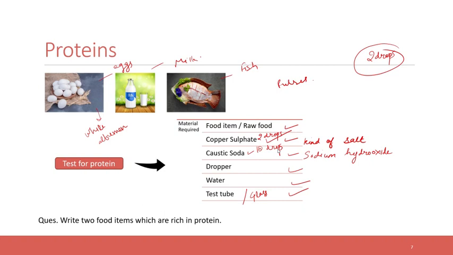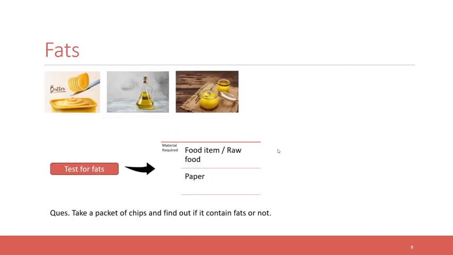Got it? Now what you have to do is write two food items which are rich in protein, and you can even do a test for it, and then you may be sure about that. Got it? Let's move to our last test, which is the test for fats. This is a very easy test for which we only need two things.